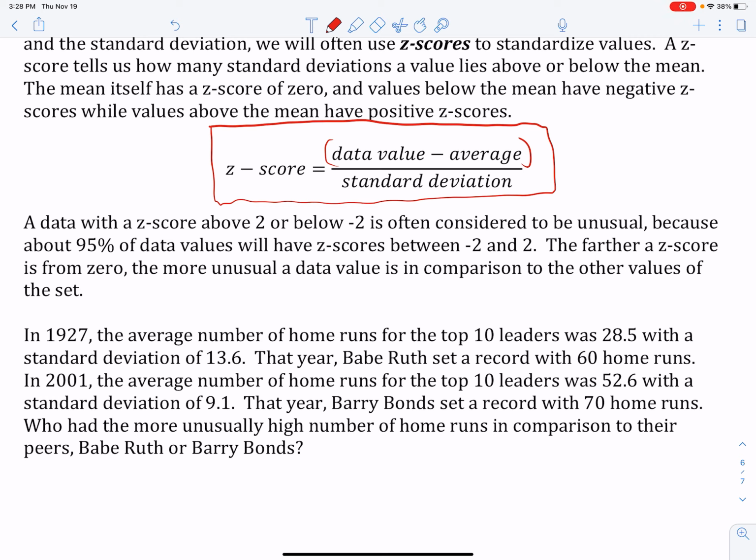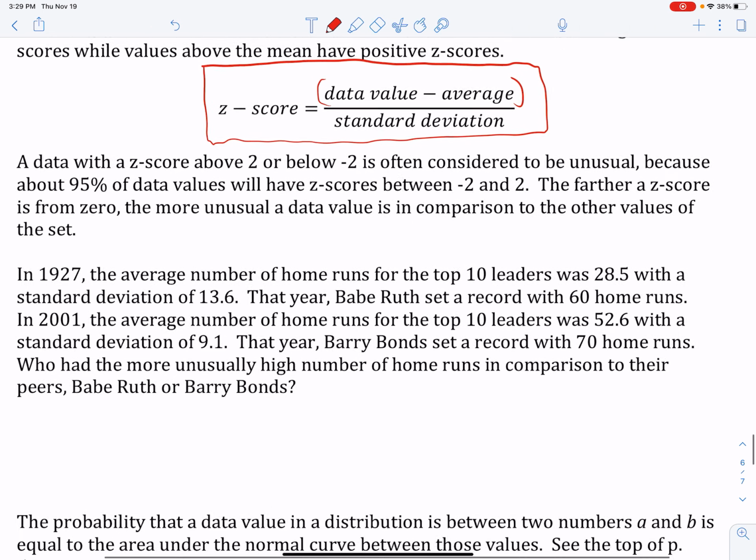Now, one thing that's cool about z-scores is you can use them to compare data values from different sets to see which one is more unusual for its particular set. For example, in sports, you can use z-scores to compare individual performances from completely different eras.